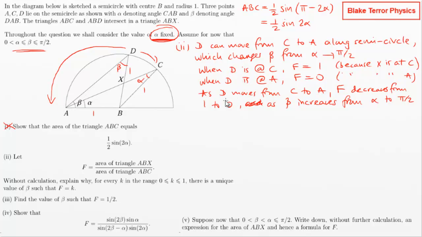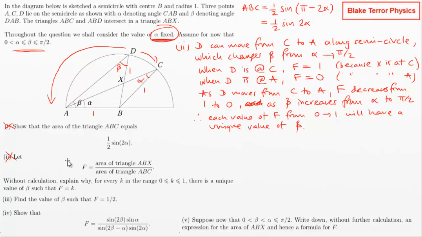When D is at A, F is 0. As D moves from C to A, F decreases from 1 to 0 as beta increases from alpha to pi by 2. Therefore, each value of F from 0 to 1 will have a unique value of beta.